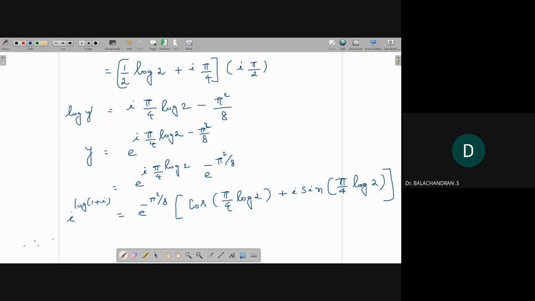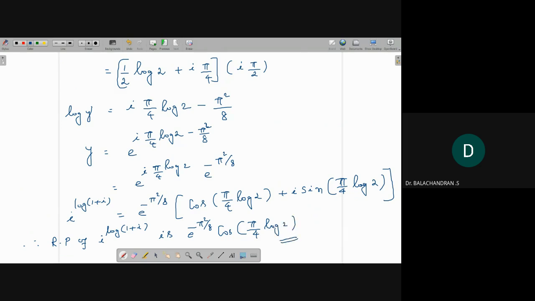So therefore, the real part of i power log of 1 plus i: if they ask real part, you need to multiply these two, and if they ask imaginary part, you need to multiply these two. So e power minus pi square by 8 into cos of pi by 4 log 2. So the problem is over.